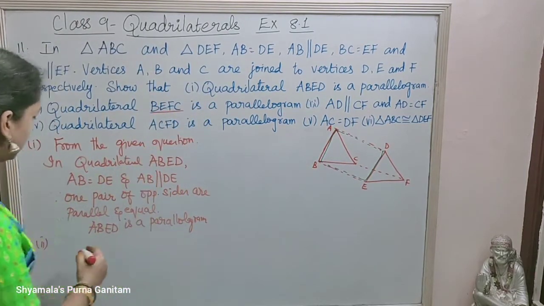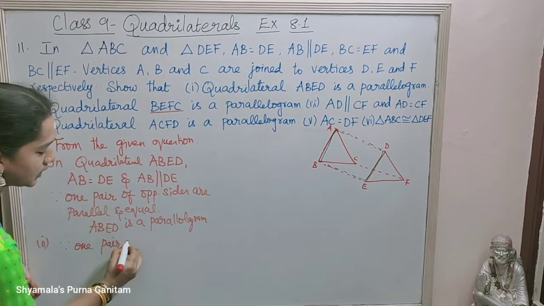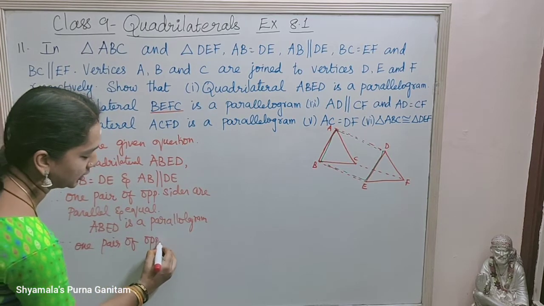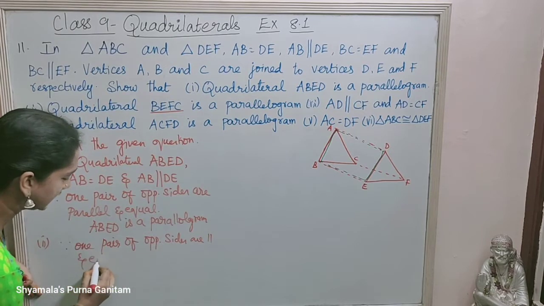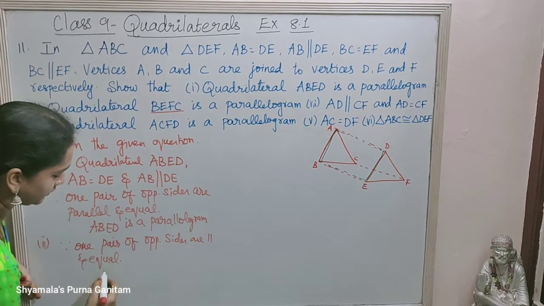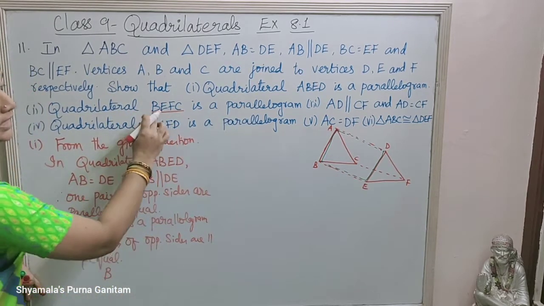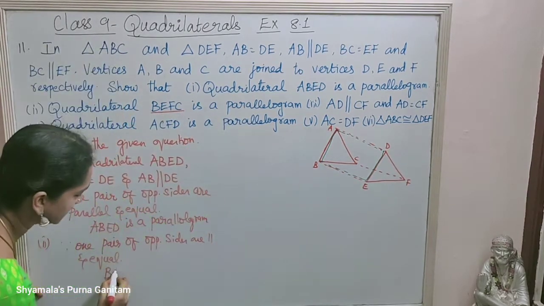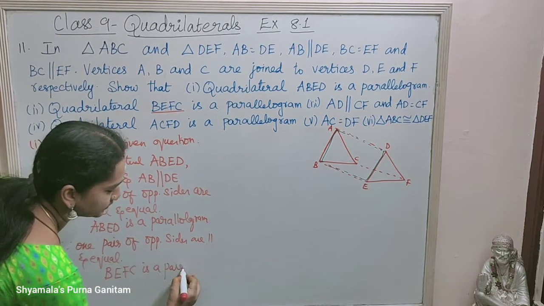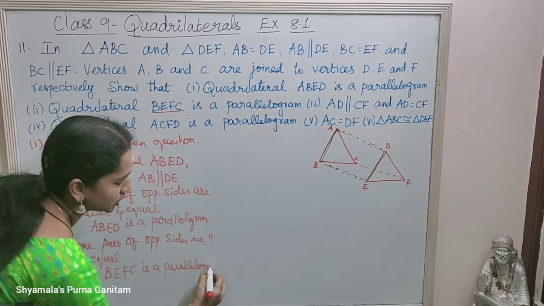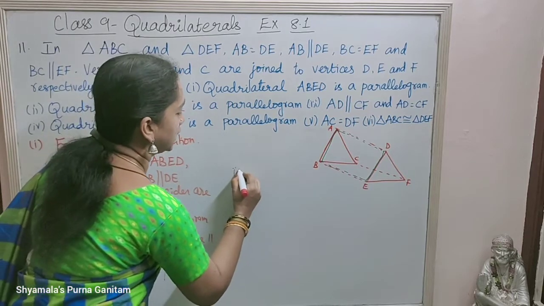The same thing, since one pair of opposite sides are parallel and equal, BEFC is a parallelogram. So second proof is also over. From the given information, we are telling all these things.